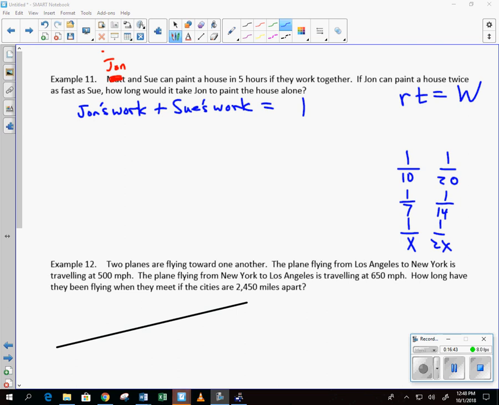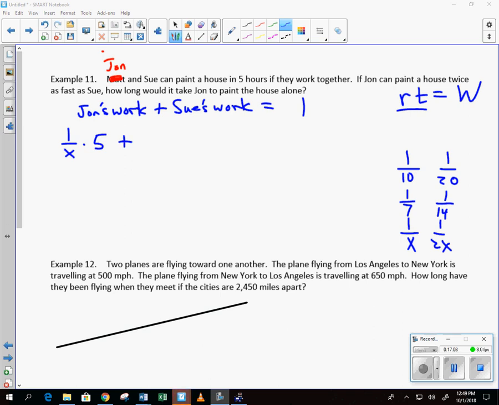Well, we just take the rate times the time. What's the rate of John? 1 over x times, how much time does it take them together? 5. You see, you guys, it's the exact same as the previous problem. It's just we're switching. Before we were given the rate, and we're finding the time. Now we're given the time, we're finding the rate.